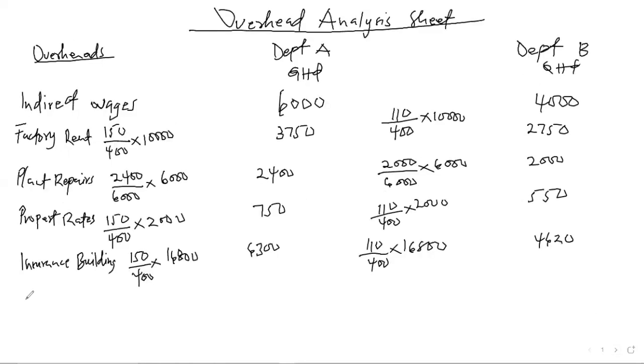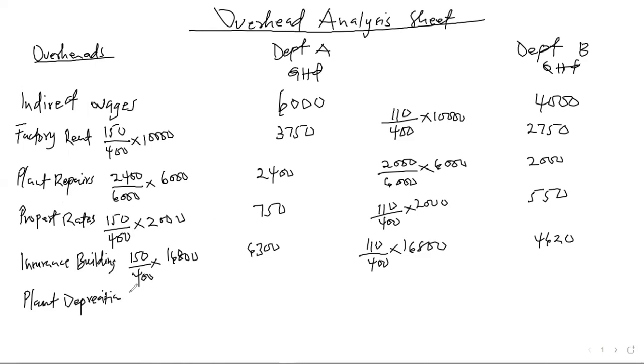Now let's move to the plant depreciation. Looking at the plant depreciation, among the basis for apportionment, the appropriate one will be the value of the plant.